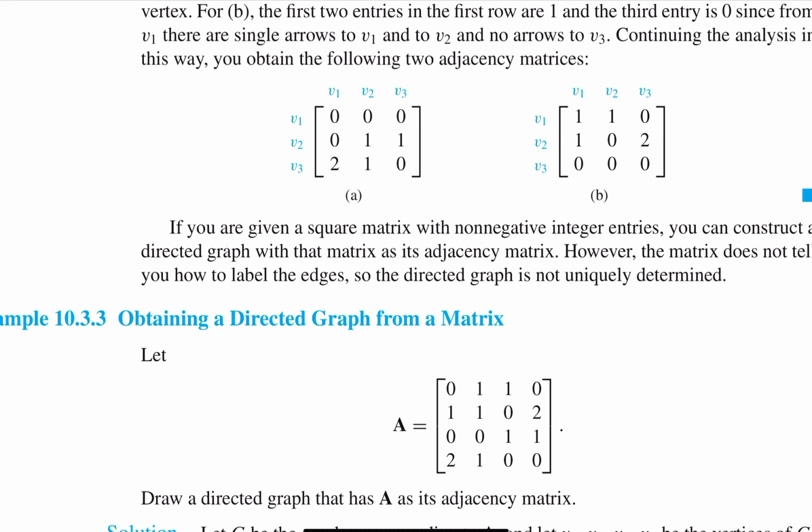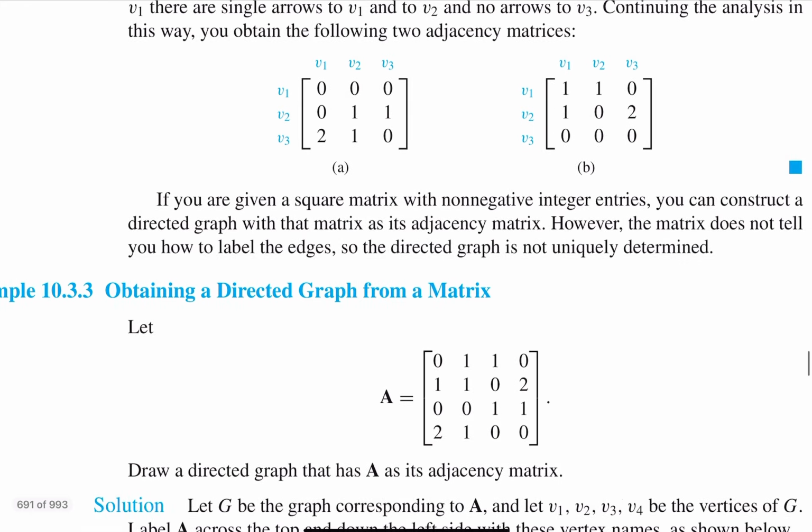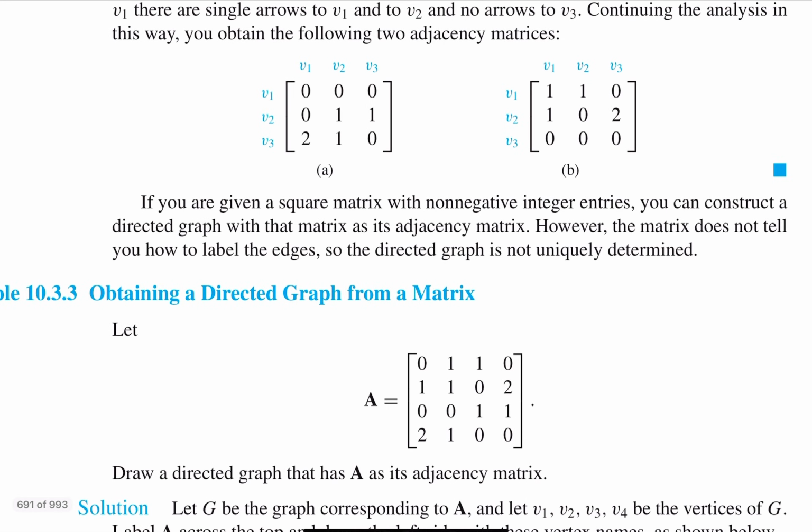Let's try to do it. This one you can tell 1, 2, 3, 4, it's a 4 by 4 matrix. So you have here V1, V2, V3, and V4.